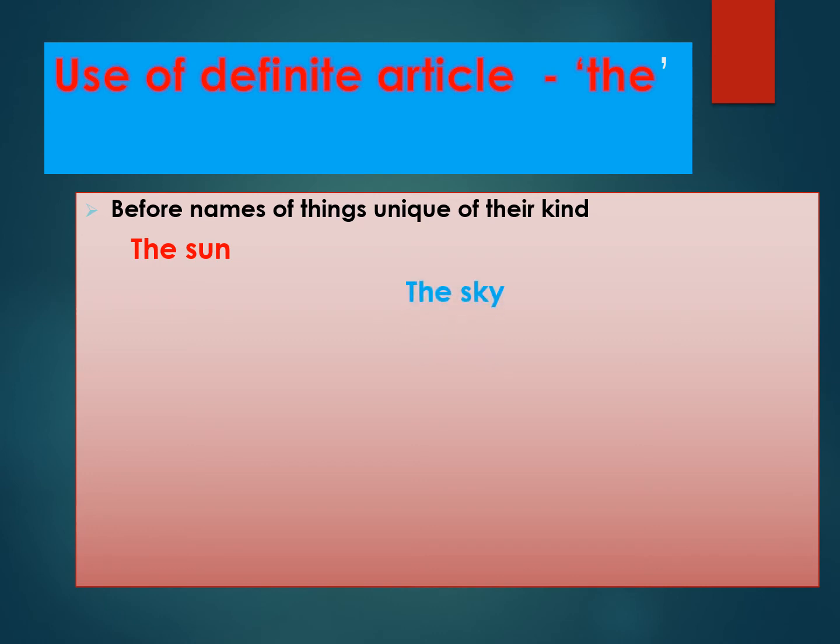Another example: the sky. Here also, sky is the only one of its kind. You don't find any other sky in the whole universe. So sky is a unique thing. So the can be used before the noun sky.